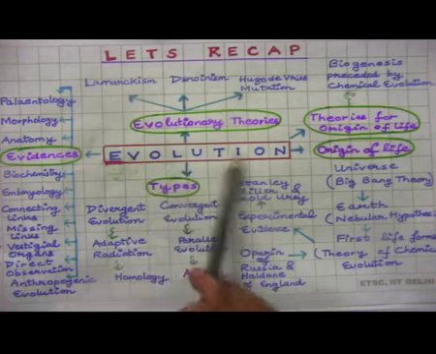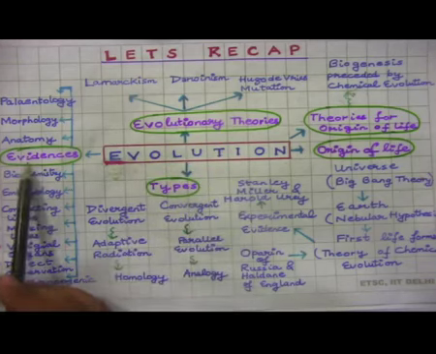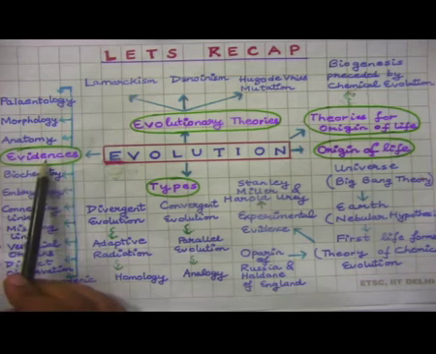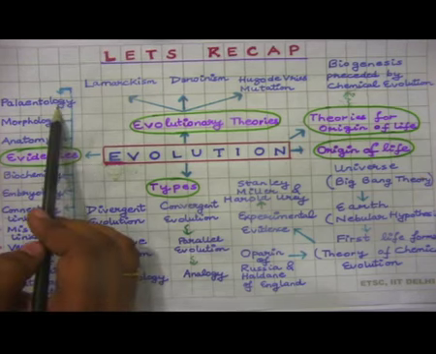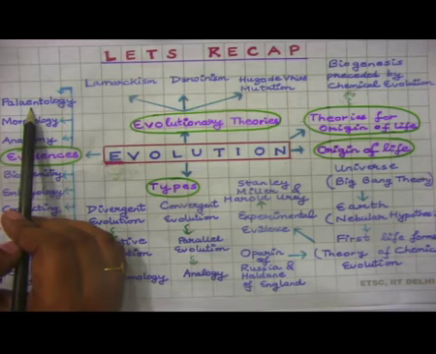Then, how do we know that evolution is taking place? Yes, we have evidences for evolution, and these evidences have come from varied sources. For instance, paleontology, the study of fossils. Fossils are the remains of dead organisms which used to live in the past.